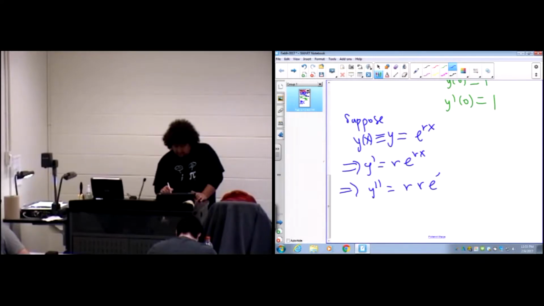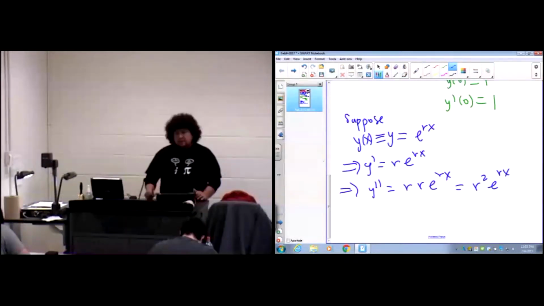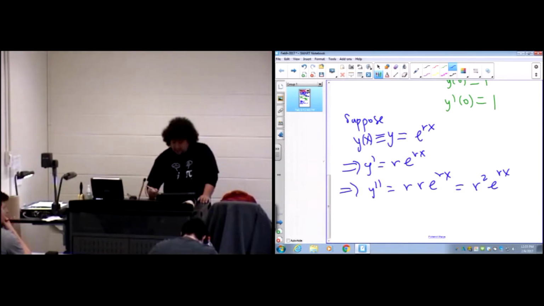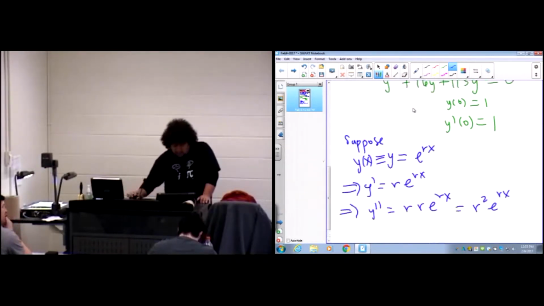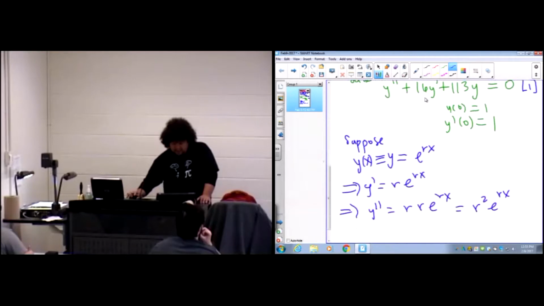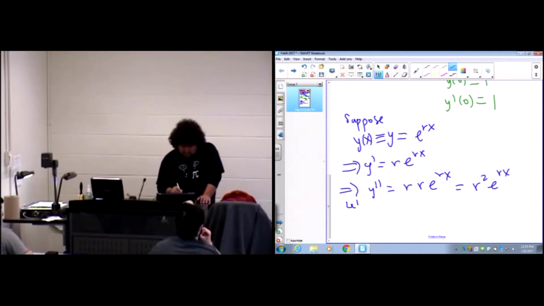Okay, so number one says we have 1 times the second derivative. So basically we have r squared e to the rx plus 16 times the first derivative. So this is 16 times r e to the rx plus this constant 113 times the original function, plus 113 times e to the rx, and this is equal to 0.